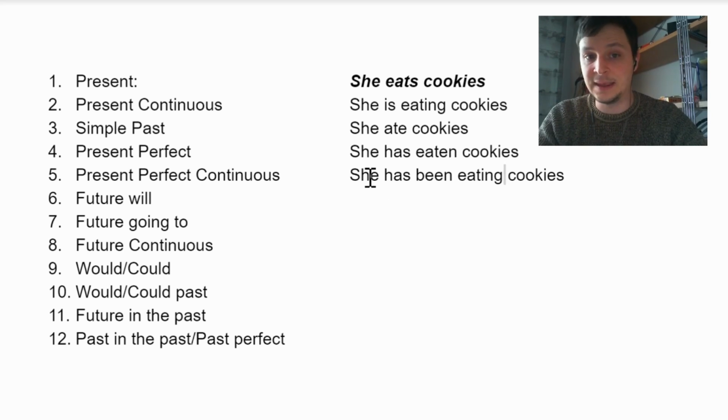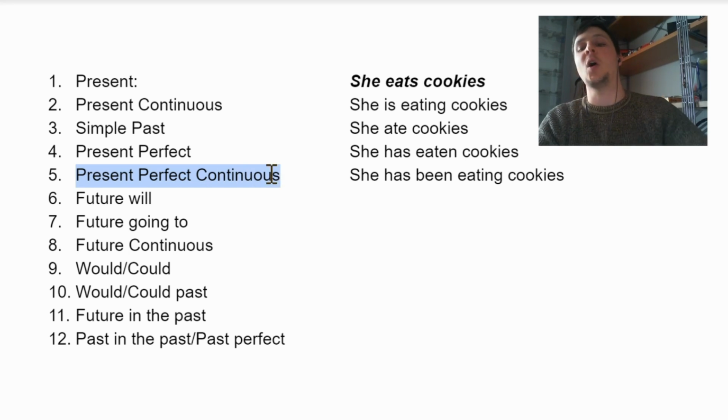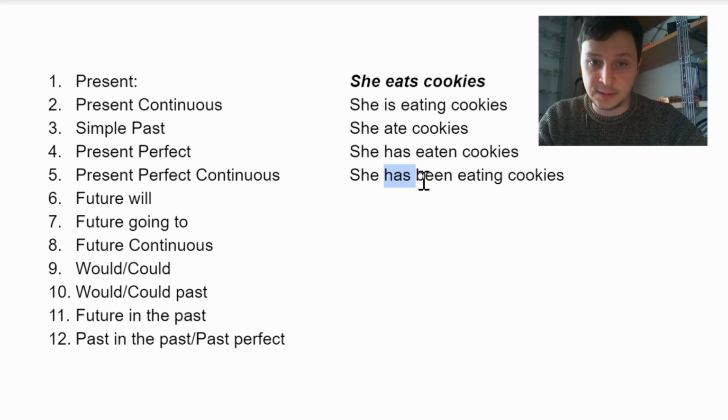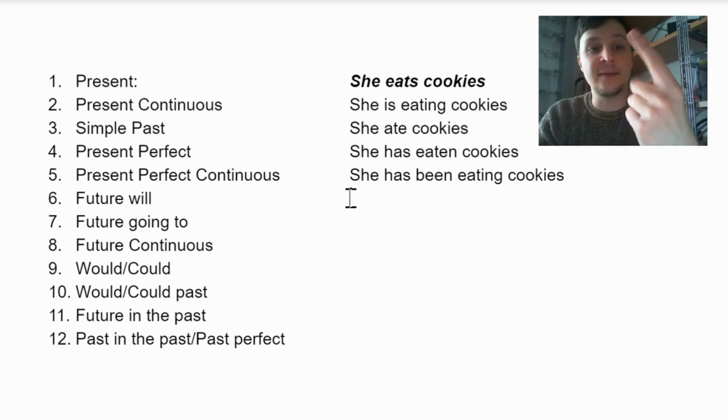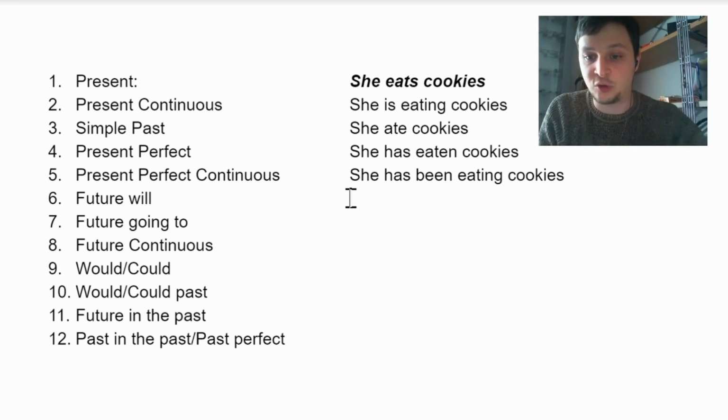Nice sentence. This is a continuous. With present perfect continuous, there's always three words. 1, 2, 3. Okay? She has been eating cookies. I have been playing games. You have been watching this video. You have been watching. Okay? Always three words.